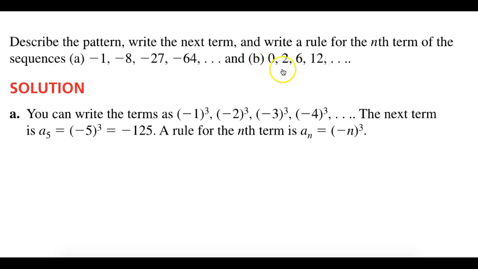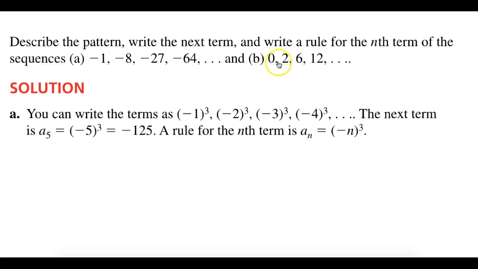One thing that jumps out at me is that they're increasing, but not by a constant multiple: 0 plus 1 is 2, 2 times 3 is 6, 6 times 2 is 12. You're trying to find this relationship, and it's not quite there. But one thing I do notice is that 0 times 1 is 0, 1 times 2 is 2, 2 times 3 is 6, 3 times 4 is 12.